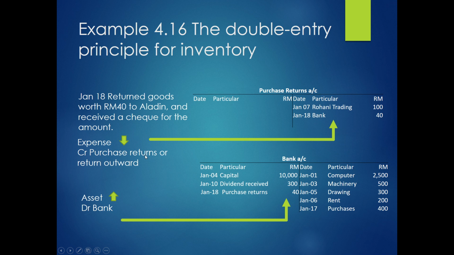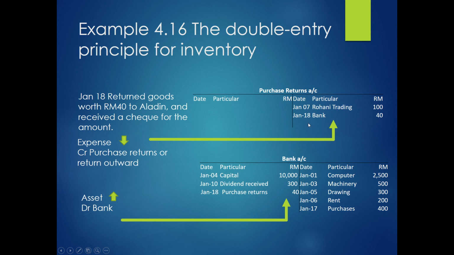Purchase return means goods returned by the business to the supplier, which is Aladdin. Purchase return because when the business return back the goods, the amount of expense will decrease. Decrease in expense will be credited. Therefore, in purchase account, the entry is made in the credit side, amounted to 40 ringgit.